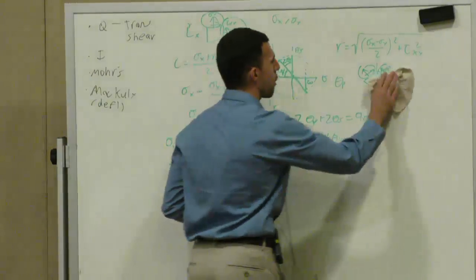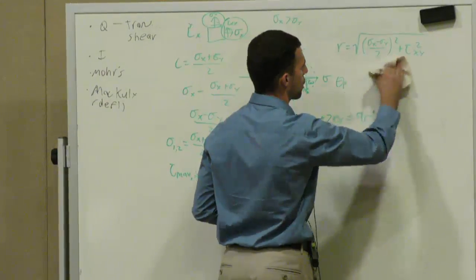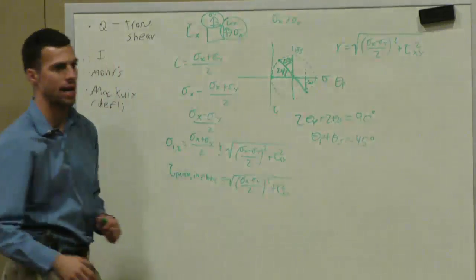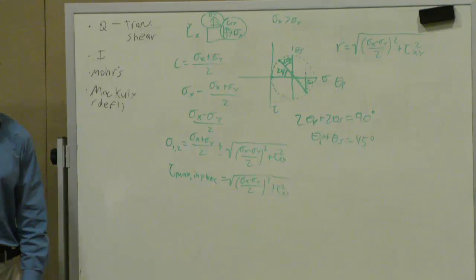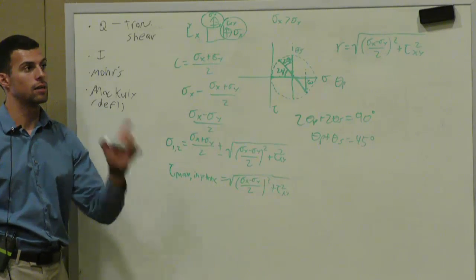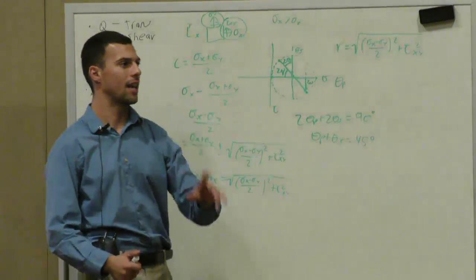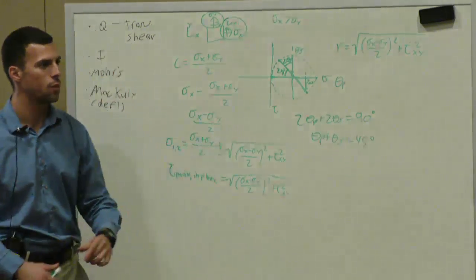Okay. So going back to this discussion on the shear stress, what do I mean when I say the max in-plane shear stress? That is a good guess. It is not correct, but a good guess based on what it says.